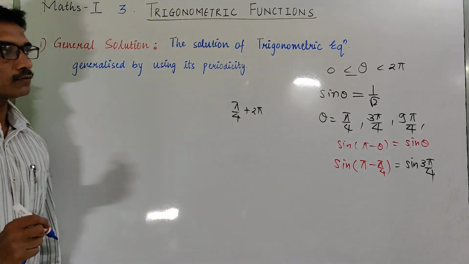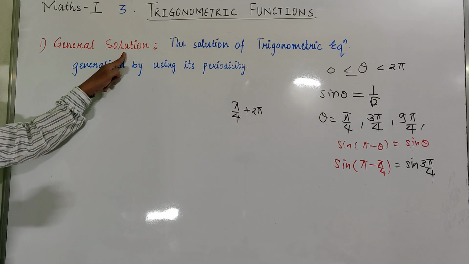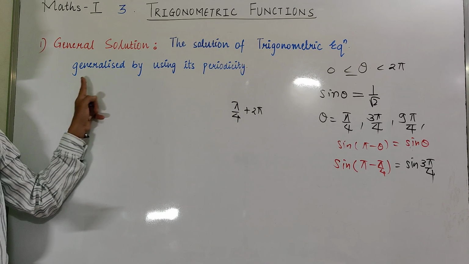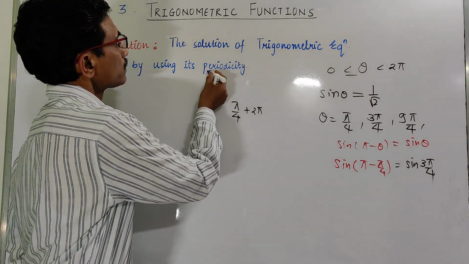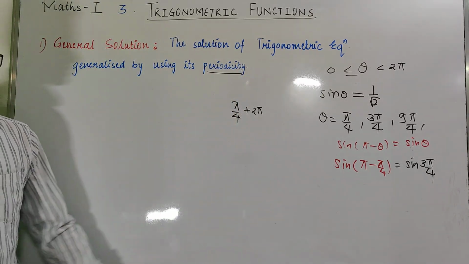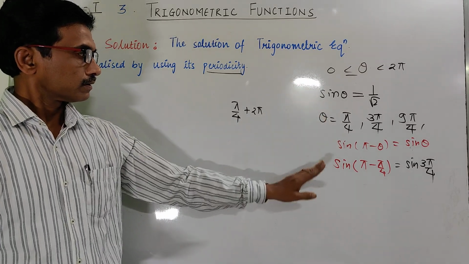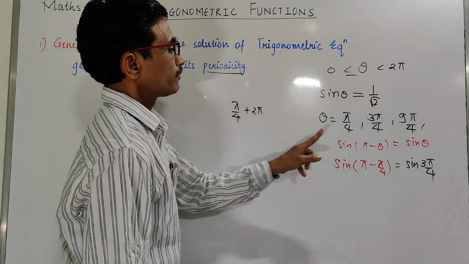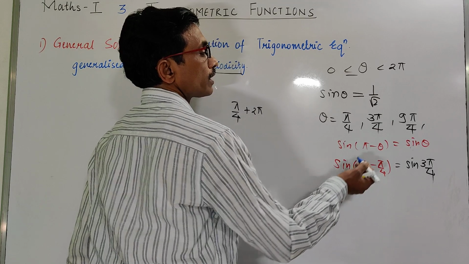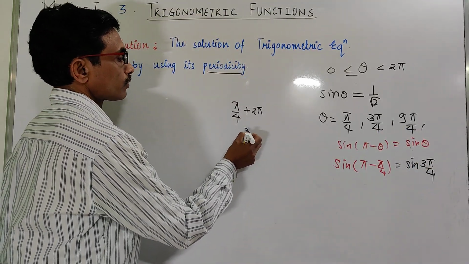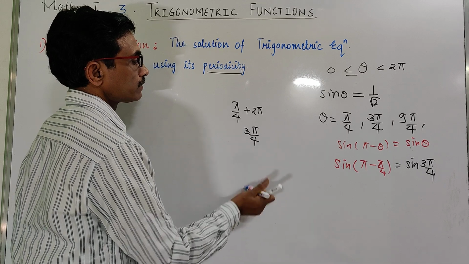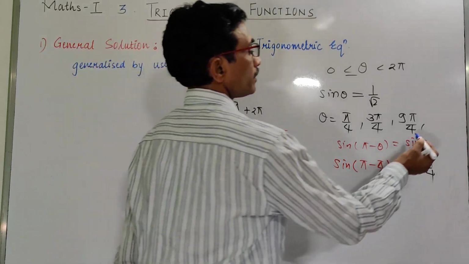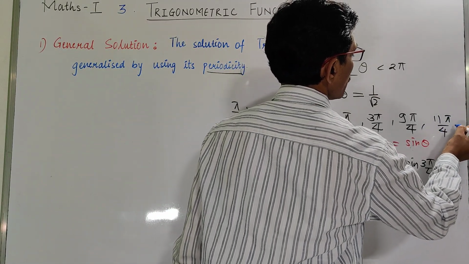So we are going to start with the general solution. General solutions are nothing but the solutions of a trigonometric equation generalized by using the periodicity of the trigonometric functions. As this function is periodic with period 2 pi, other solutions are these. Again we add 2 pi to 3 pi by 4, which gives 11 pi by 4, and so on.